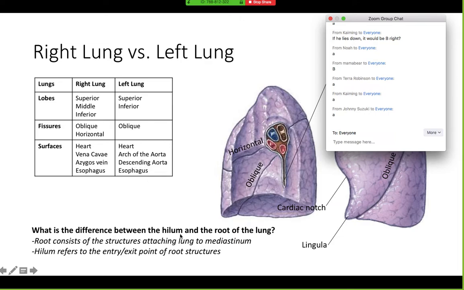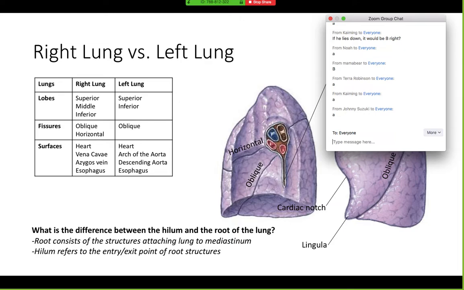Okay, so what is the difference between the hilum and the root of the lung? There's usually some confusion about this. The root consists of the structures attaching the lung to the mediastinum. So the vessels and the bronchi, that's the root. The hilum refers to this area where they enter and exit.